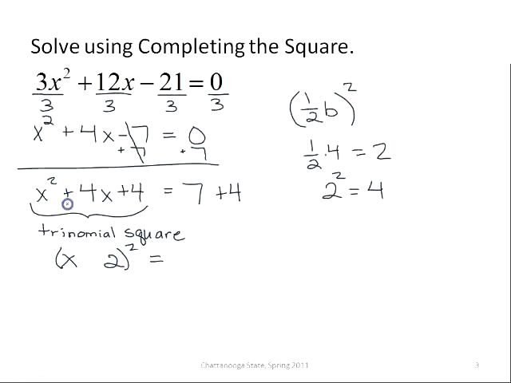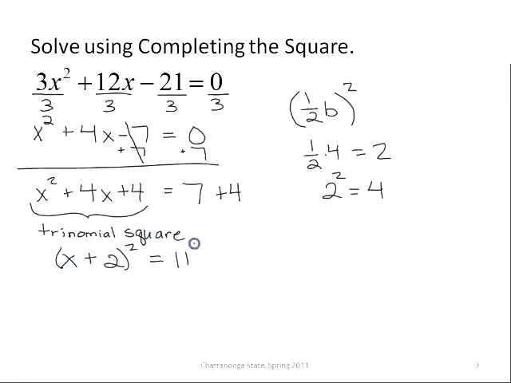And then in the middle will have whatever this sign is. So x squared plus 4x plus 4 factors into x plus 2 times x plus 2. So I can write that as x plus 2 squared. Now on the other side of the equation, the 7 plus the 4 gives me 11.